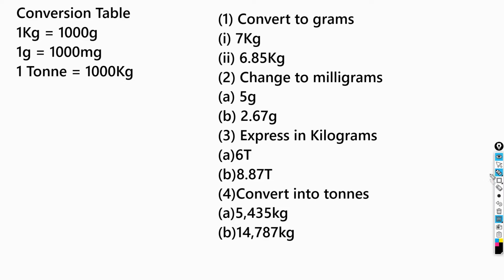The first example says convert to grams. We have 7 kilograms, and we know that 1 kilogram is equal to 1,000 grams, so all we have to do is multiply 7 by 1,000, and we end up with 7,000 grams.